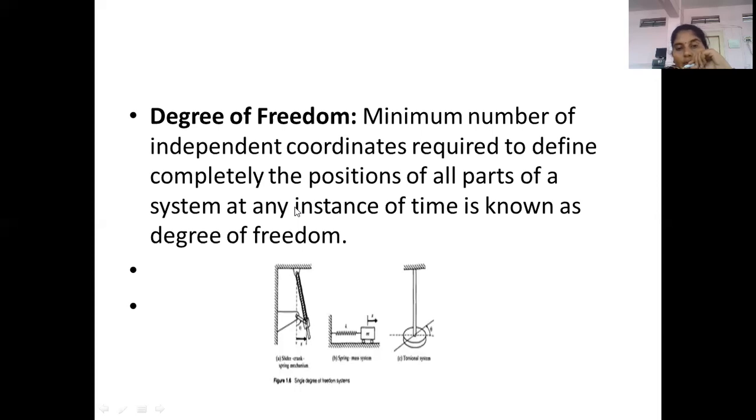Minimum number of independent coordinates required to define completely the positions of all parts of a system at any instant of time is known as degrees of freedom.